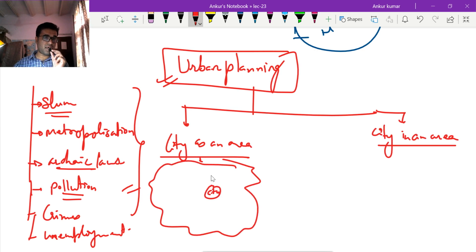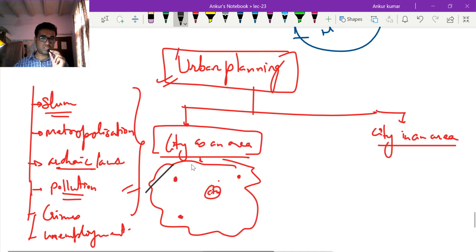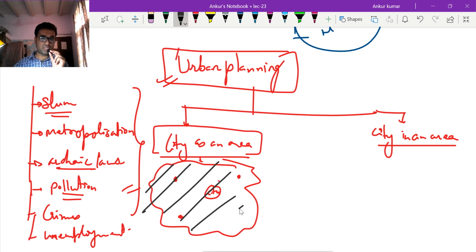For example, Delhi: you have selected a large area, the entire western UP, Haryana, Punjab, Himachal Pradesh, Uttarakhand, Rajasthan, northern Madhya Pradesh. You have selected a very big area, and what you start doing in the city as an area is developing secondary cities around the big city, in the shadow of Delhi.